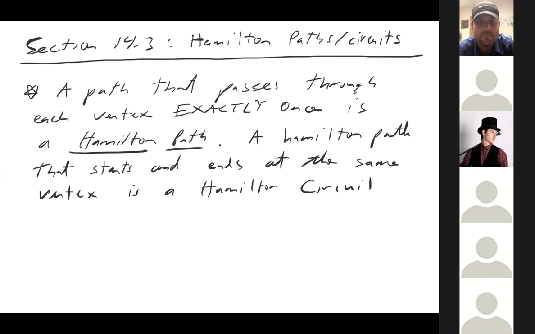The Hamilton circuit is the only time we actually allow a Hamilton path to hit a vertex more than once, because if it starts and ends at the same vertex, it's going to hit it twice. So that's the only time. In general, a path can only hit every vertex once, but a Hamilton circuit can hit the one vertex where it starts and ends at the same place more than once.